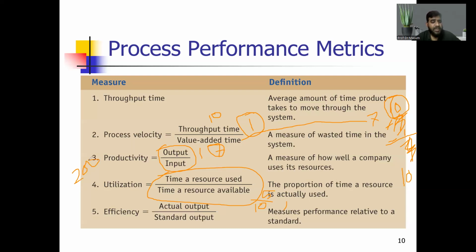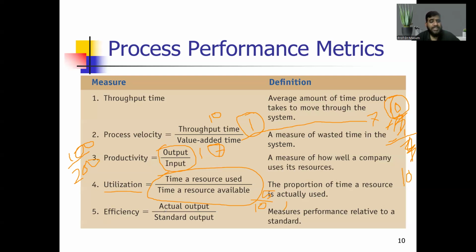Capacity is 200 units. But on average, you are producing 100 units. So what's your capacity utilization? Capacity utilization is 50%. Are you getting what is utilization?